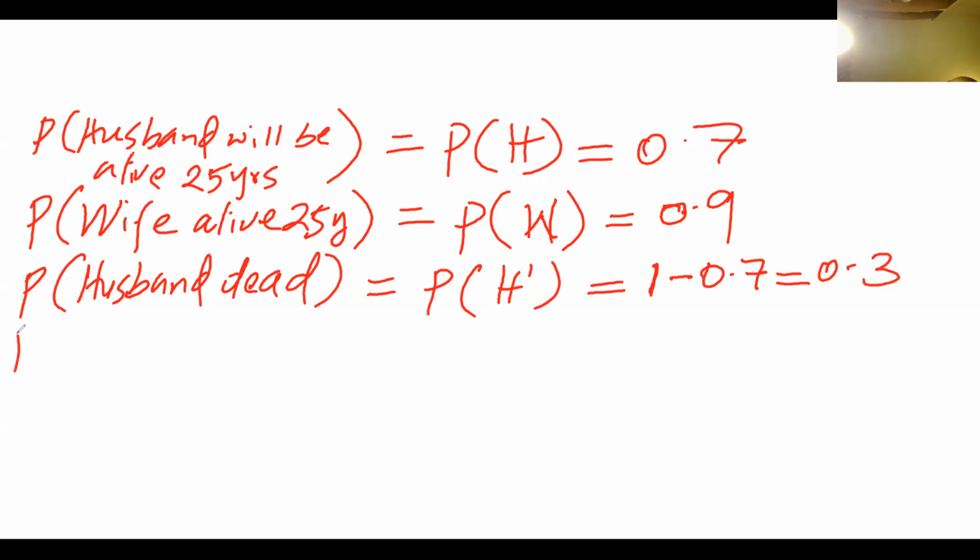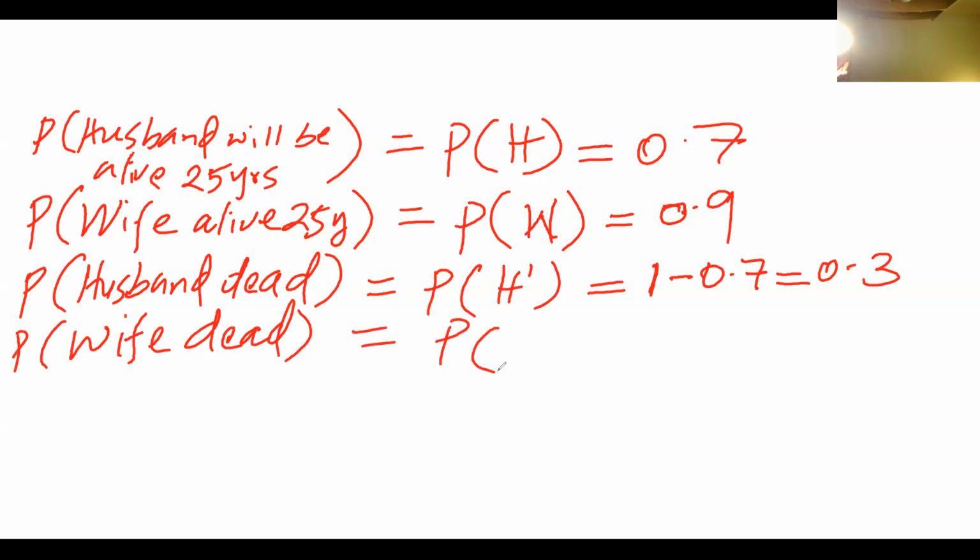The same thing for the probability that the wife will be dead in 25 years: 1 minus 0.9, that is 0.1. So we have that.